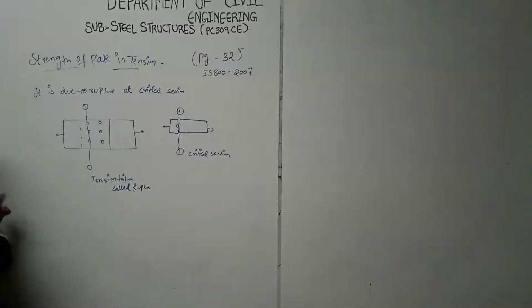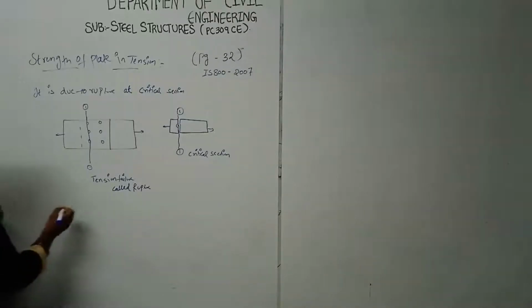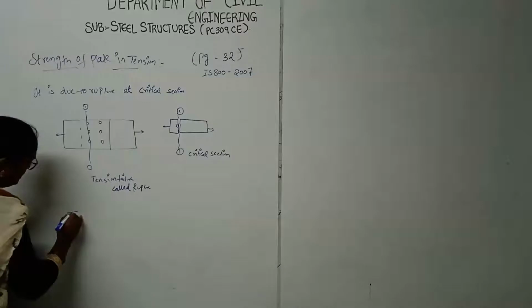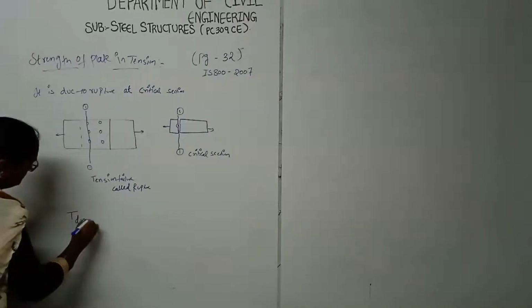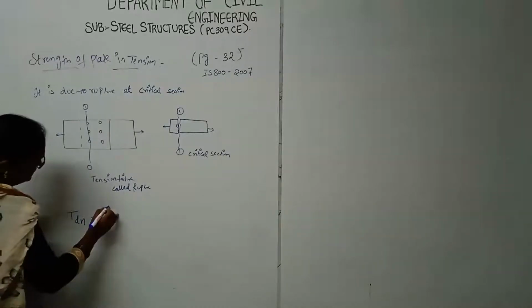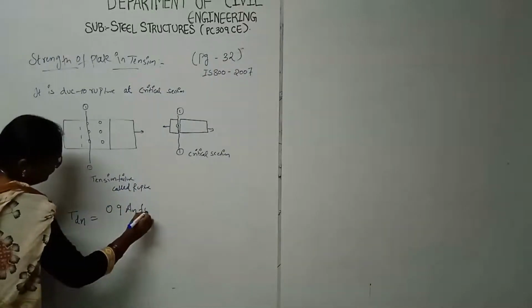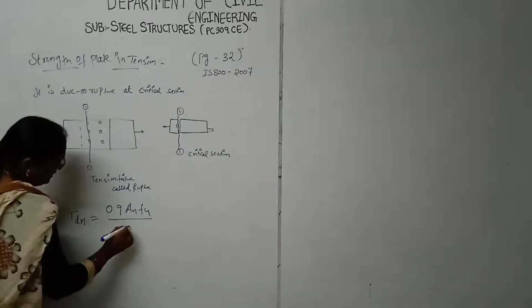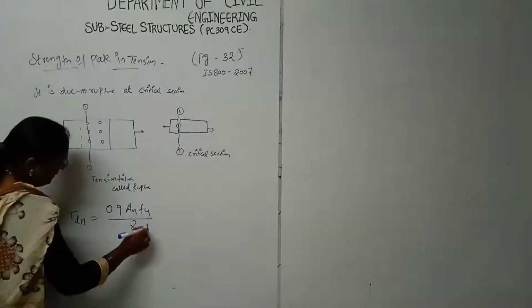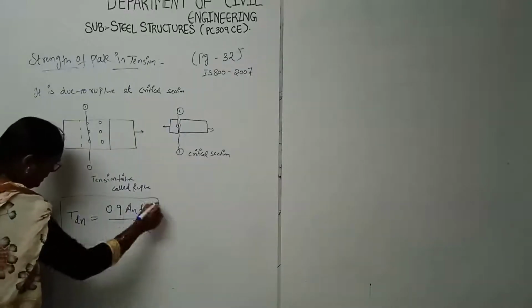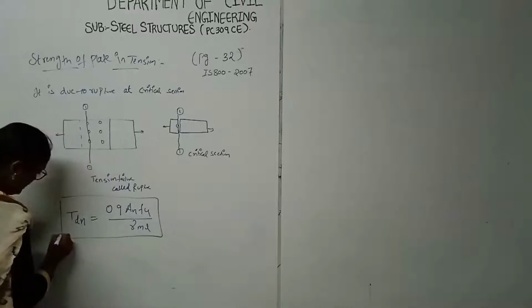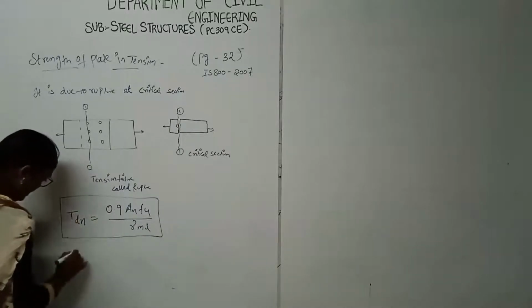So see here, the formula for this one is 0.9 A_n f_u by gamma_m1. So here, what is A_n?